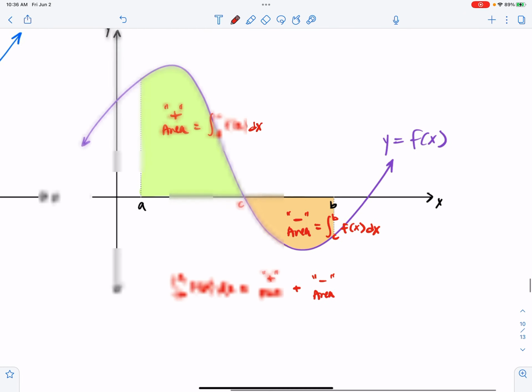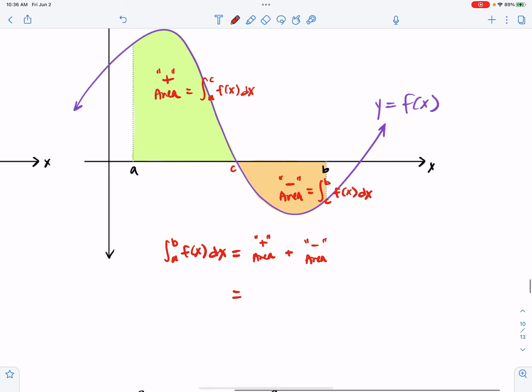Based on my picture, I could actually say that the integral from a to b would be equal to the integral from a to c plus the integral from c to b. And that's demonstrating that property.